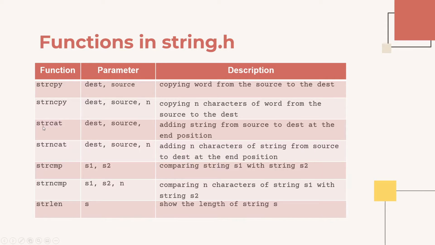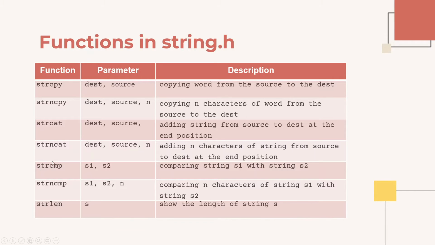And the next function is strcat, and the parameters are destination and source. It is used to add a string from source to destination at the end position. Okay, and then strncat, the parameters are destination, source, and n. It is used to add n characters of a string from source to destination at the end position.